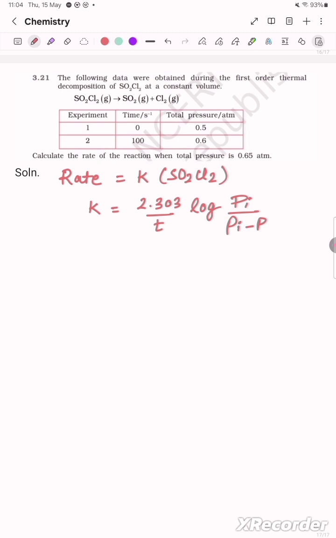So for this equation we have to write the reaction first. SO2Cl2 reacts to form SO2 plus Cl2.